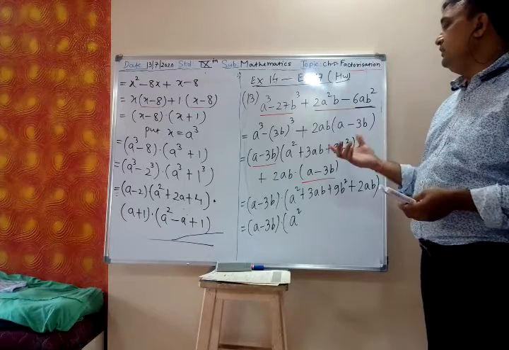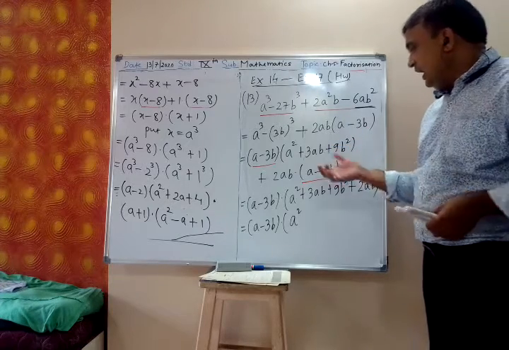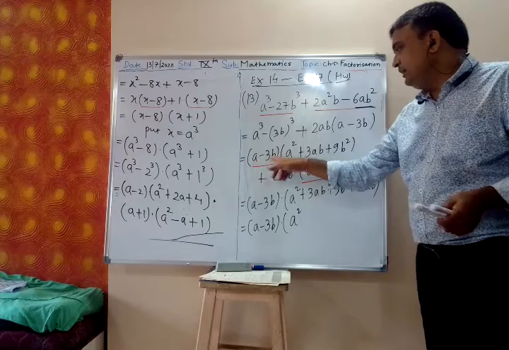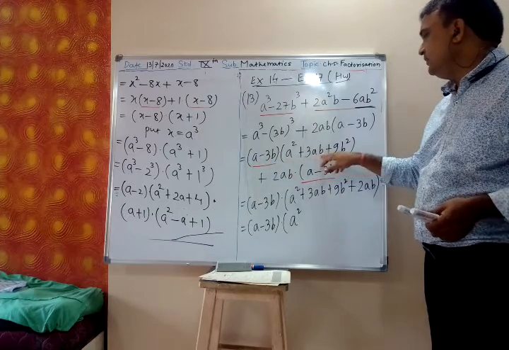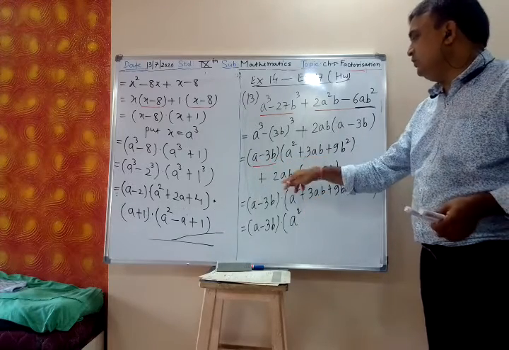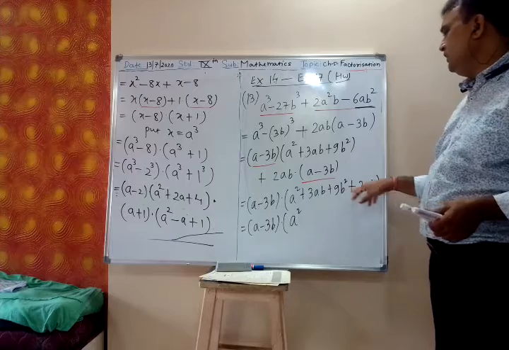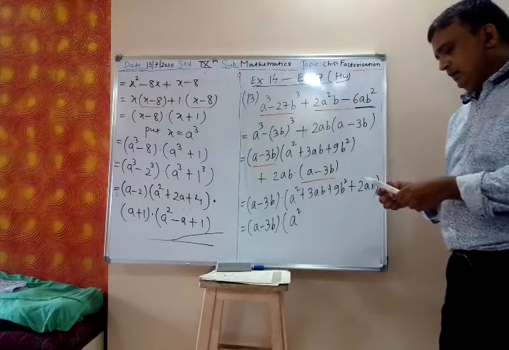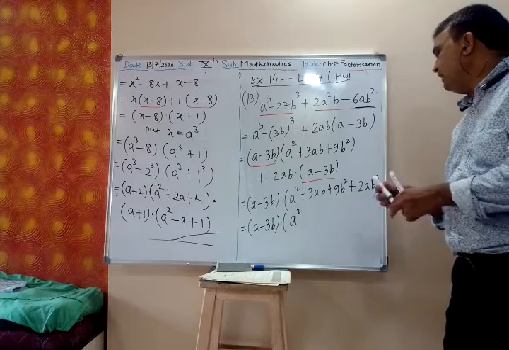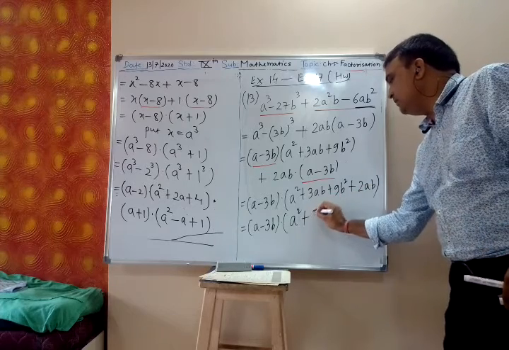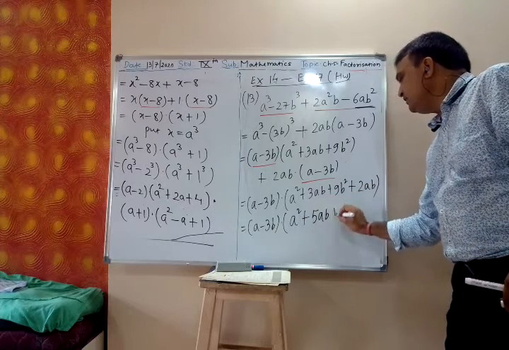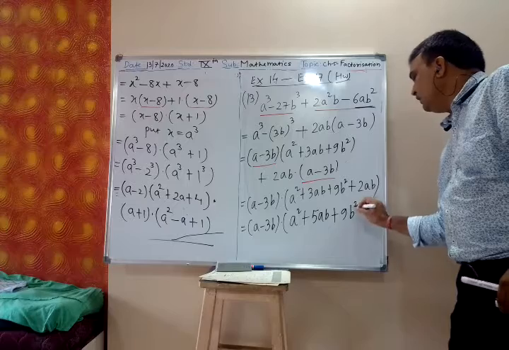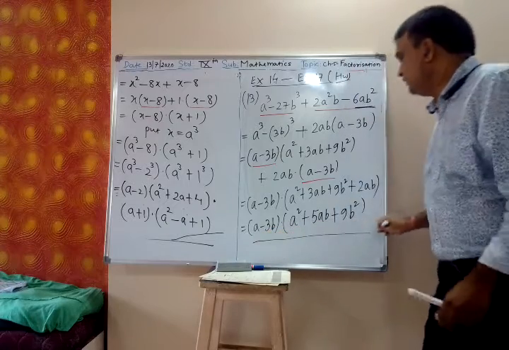No, how plus 1 will come? I have taken a minus 3b common, so this is left. Then from second, what is left? 2ab is left. If 2ab is not there, then it is 1. Now 3ab plus 2ab I can add. Like term. 3 plus 2, 5ab. Plus 9b square. And this is the answer.